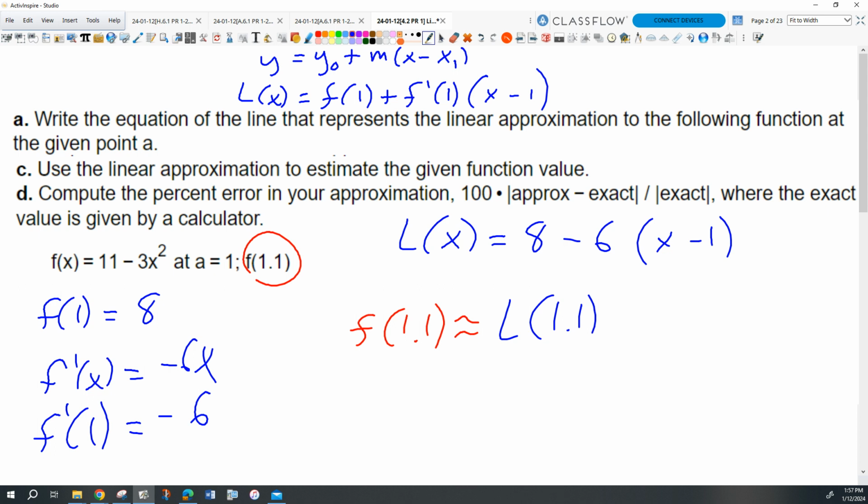But it's easy to calculate L of 1.1 because it's linear. What's 1.1 minus 1? 0.1 times 6 is 0.6. So 8 minus 0.6 is 7.4.